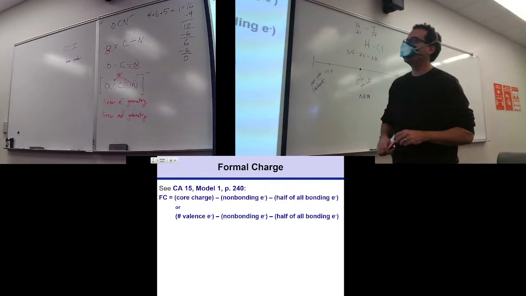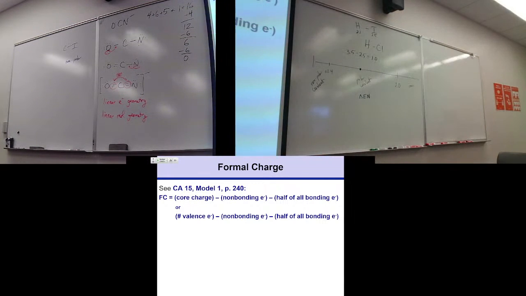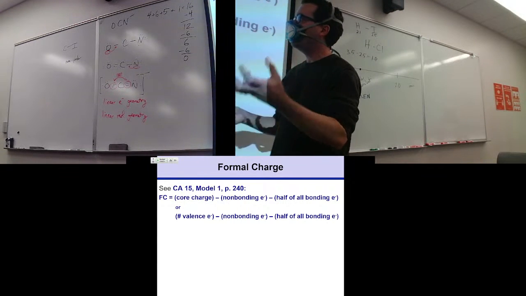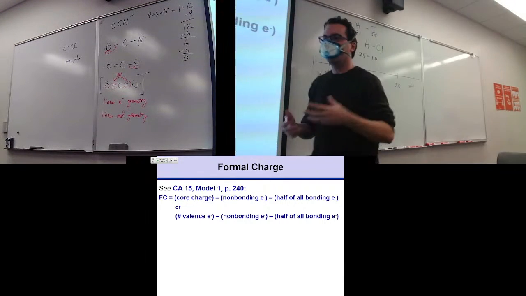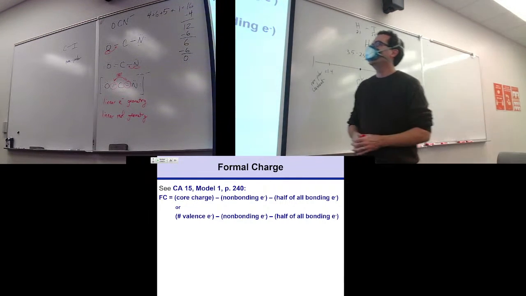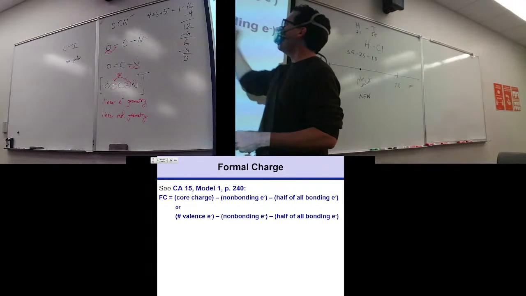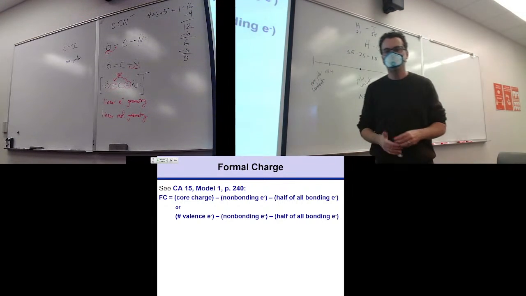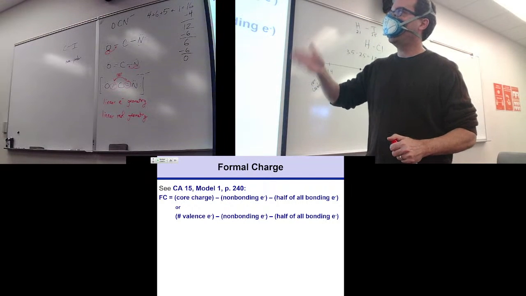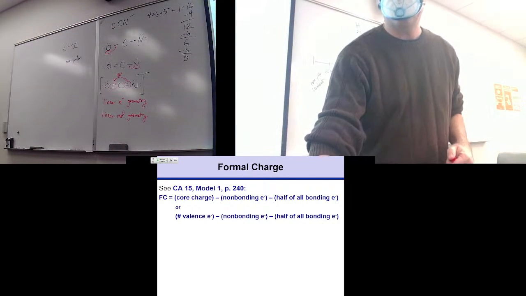It is the number of valence electrons, the original valence electrons for the particular atom you're looking at, minus the number of non-bonding electrons, lone pair electrons, on that atom, minus half of the bonding electrons going to that atom. So you have to calculate a formal charge for every atom in your Lewis structure.